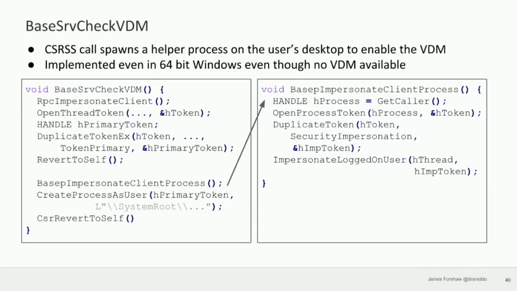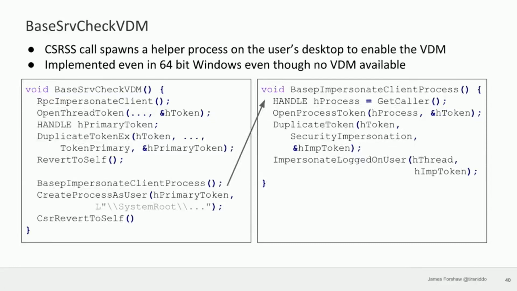Because this call, basically, first impersonated the client to the call and said, okay, I'm going to take your impersonation token, and use that as the token I'm going to create the new process under. It then did the right thing. It impersonates the client process over the call to create process as user.